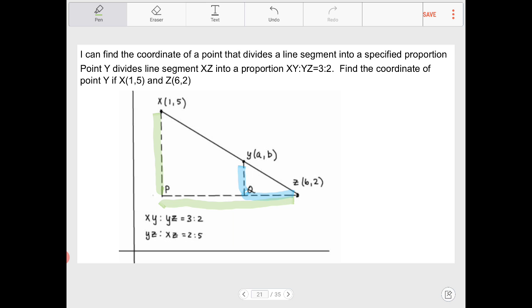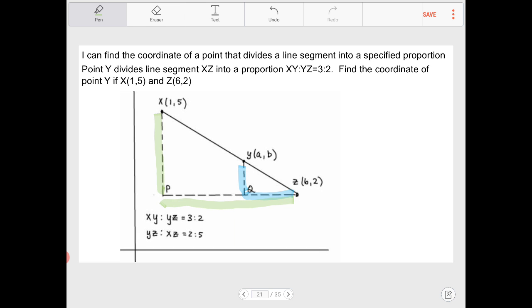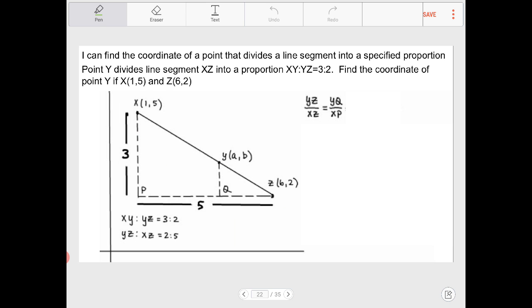So we can set up the proportion again in a very similar manner. We can say YZ to XZ is equal to YQ over XP, or it's also equal to QZ to PZ. And all of this will be equal to 2/5.